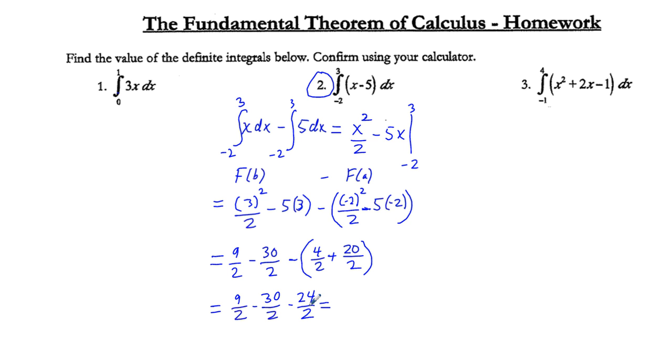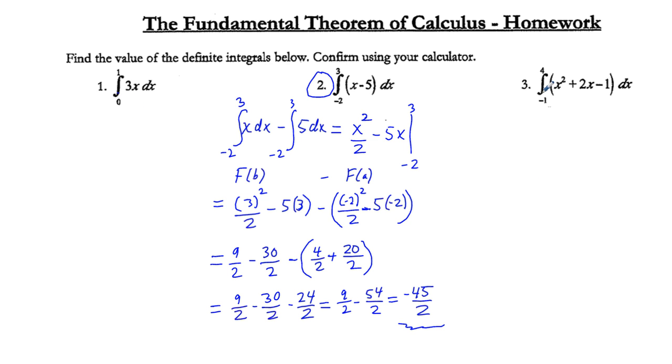And working to the right, we're going to have 9 halves minus 54 halves, which is equal to -45 halves. And this is our answer to problem 2.